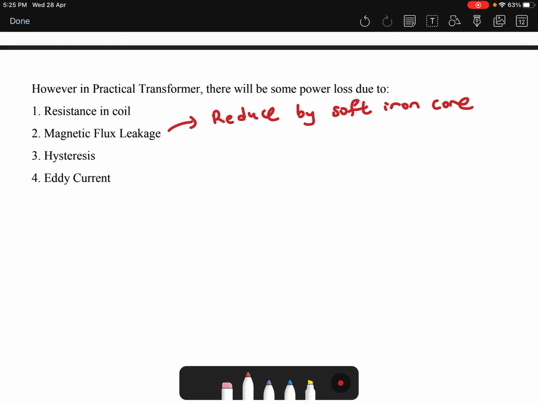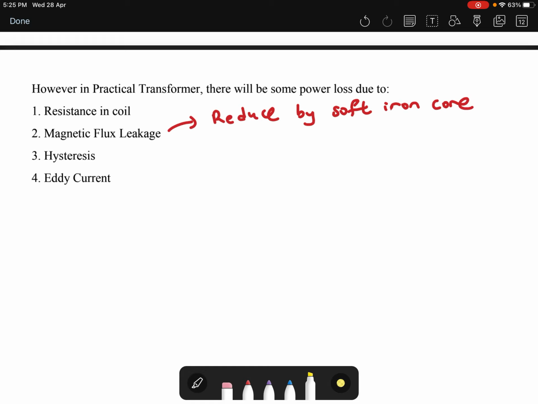And when I switch off the current, the soft iron will become unmagnetized. This process of being magnetized and unmagnetized will generate heat. This heat energy will cause some power loss inside the transformer.